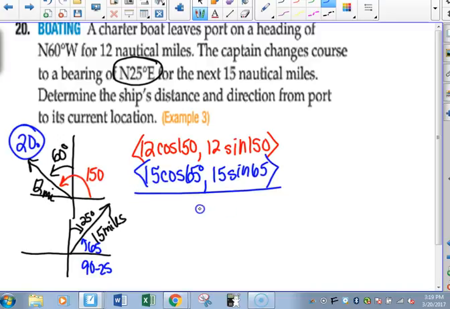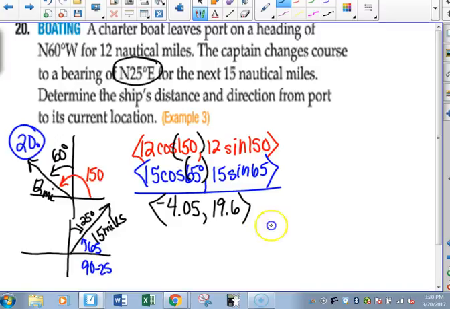Okay. Adding those two together, where did the ship wind up? Do you have to close the parenthesis if you type it in all at once? On the angles here. I got negative 4.05 or something. 19.6. Sounds good. Okay, so where did they wind up, guys?